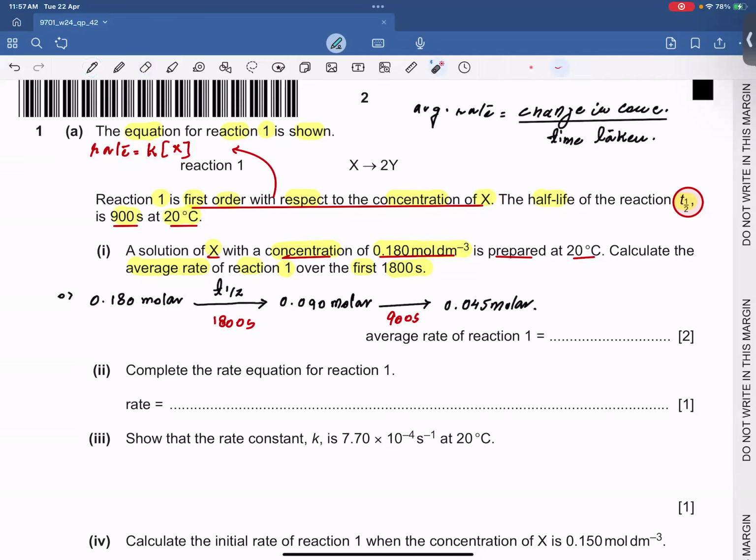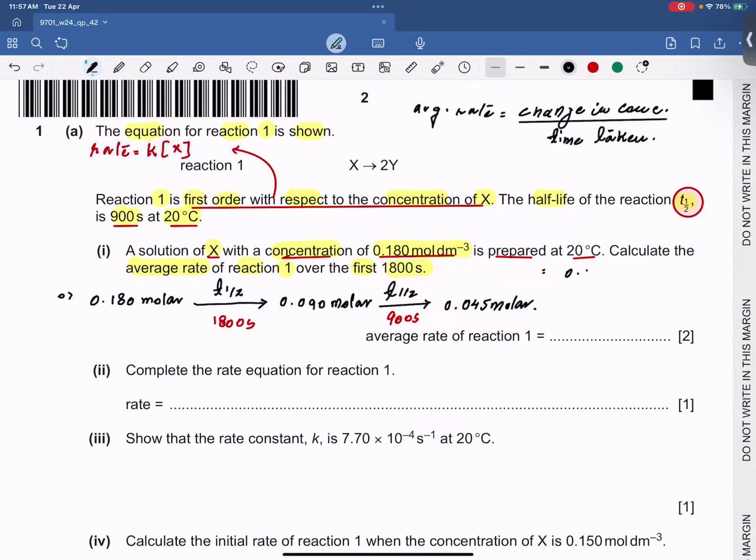So this is the first half-life, and this is the second half-life. So over the course of 1800 seconds, the concentration has to be 0.05 mole per dm cube.